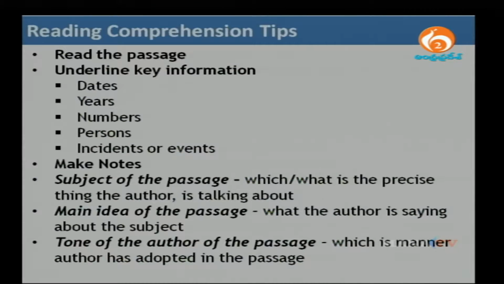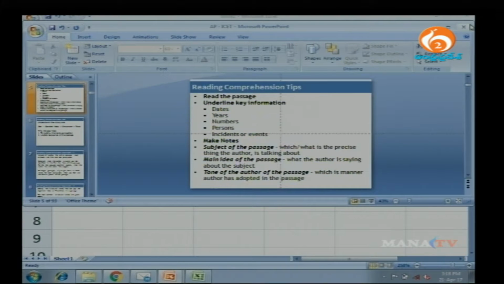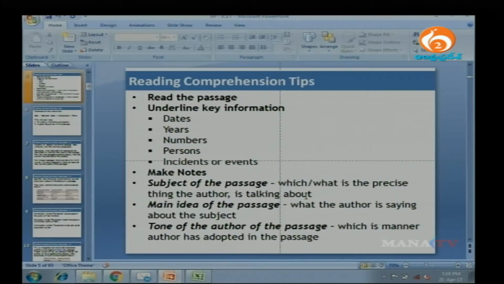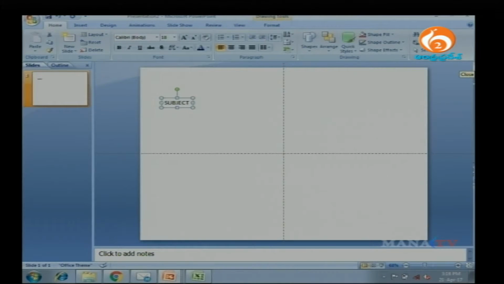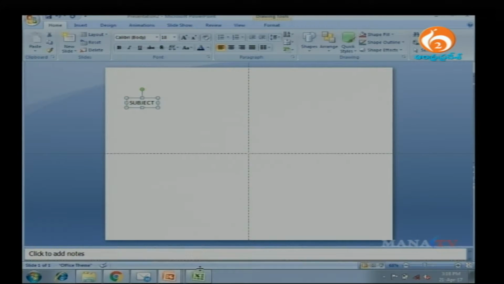Let me give you an example. Let me expand this, so I can give you a quick understanding. What do we mean by this? The first one is subject. I am going to expand this so that it is easier for you to see and understand.